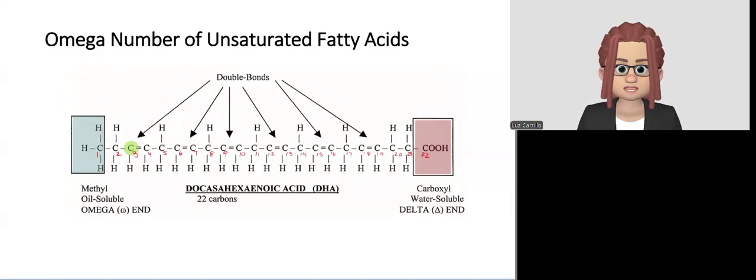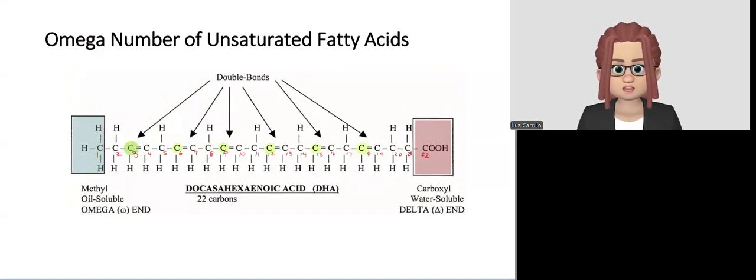So when we're trying to determine the omega number for this fatty acid specifically, we see that there is the start of a double bond at carbon 3, at carbon 6, at carbon 9, at carbon 12, at carbon 15, and at carbon 18.